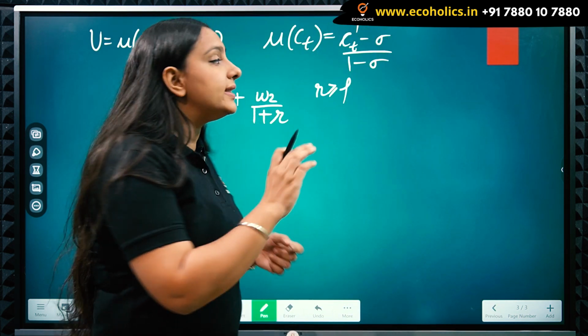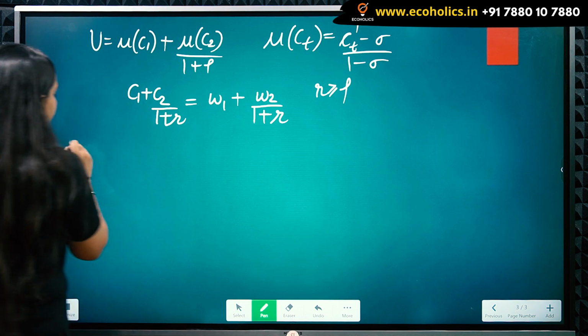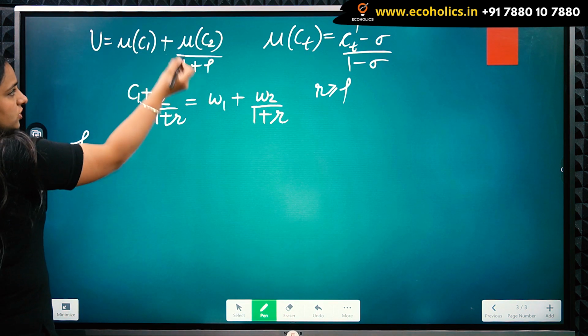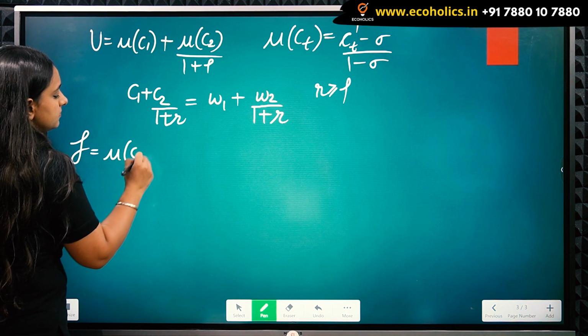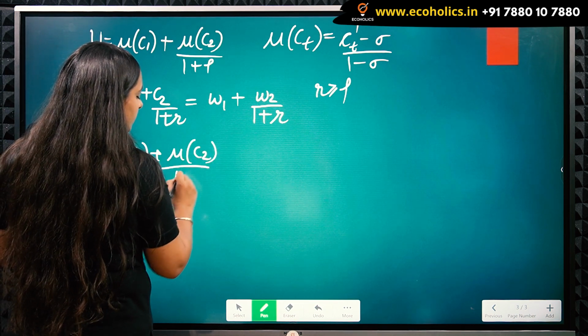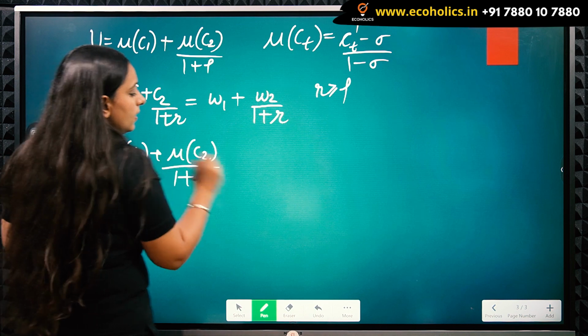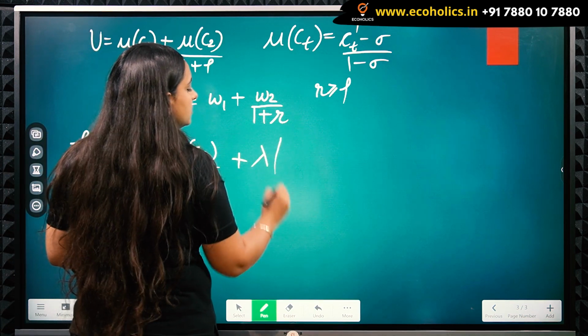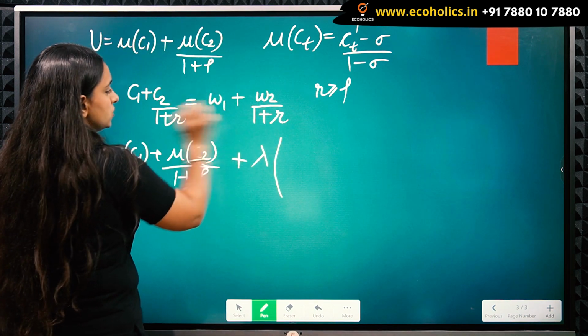So I will write the Lagrangian, where I will write the utility function, this one, plus the Lagrange multiplier times my budget constraint.